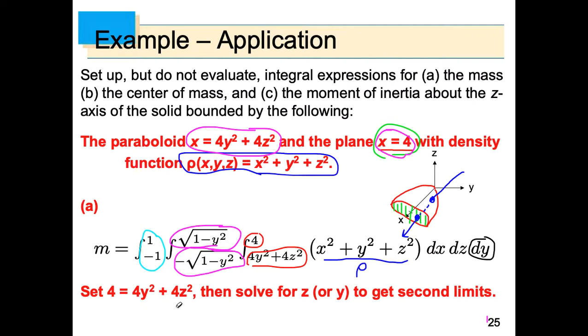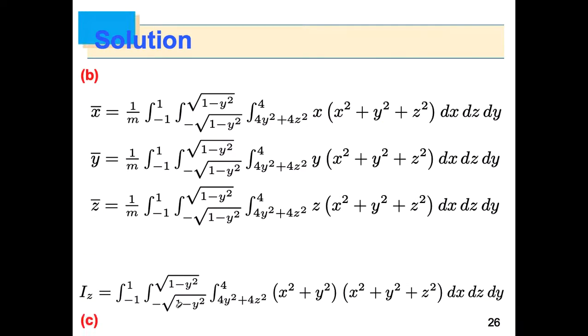For parts B and C, I'm just going to go ahead and give you the answers right now. It's literally just following the formulas. So my center of mass here is going to be following the formula for x bar. And it's really just simply you tacking on an extra x there, if you guys see that.